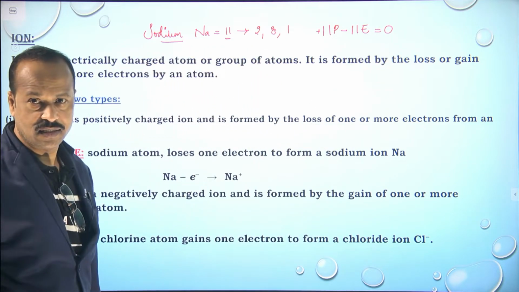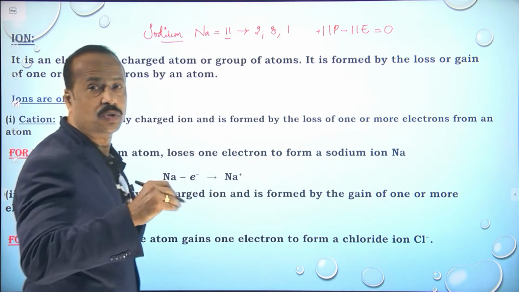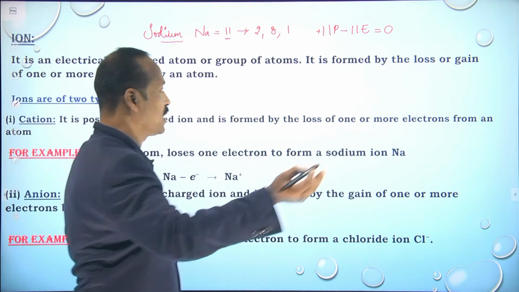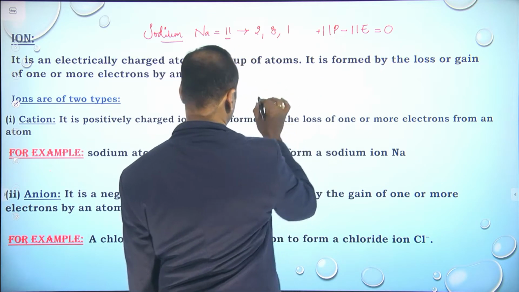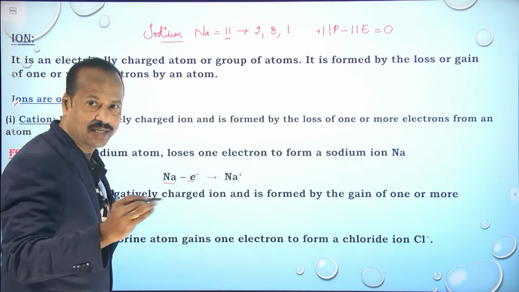But now, to attain stability, sodium loses one electron, meaning it gives one electron to another atom. Here you can see sodium is giving one electron, minus one electron.